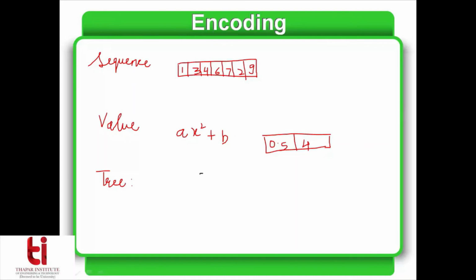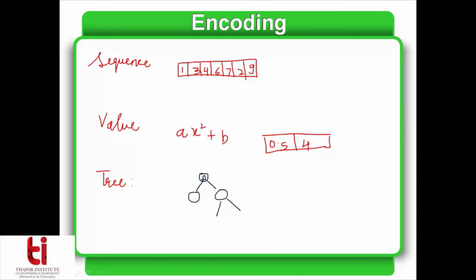So let's say I have a sequence or a binary tree which is representing my chromosome. This can be symbols, any identifiers.